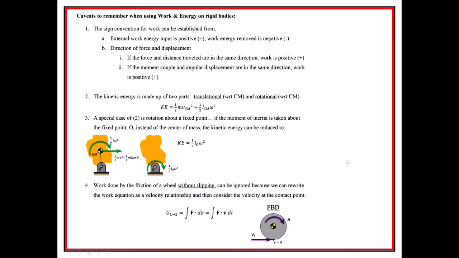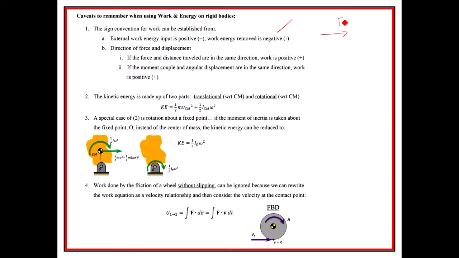Okay, so once again, some of these are reminders, and that we have positive and negative energy, right? The positive is when the work is input into the system. Negative is when energy is removed, for instance, with friction. The direction of the force and displacement is also another way to think of this, as if they are in agreement.